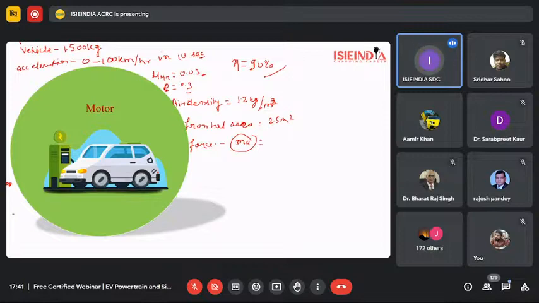Force is M, which I have given here, and acceleration. Acceleration is the final velocity minus initial velocity divided by the time. So 100 minus 10, what is it? Can anyone do the calculation with me and try to convert this kilometer per hour into seconds?